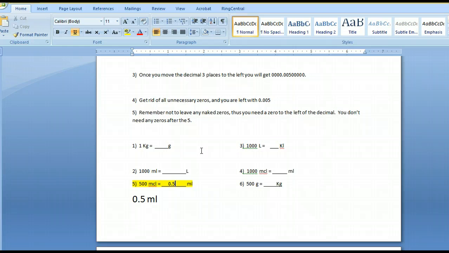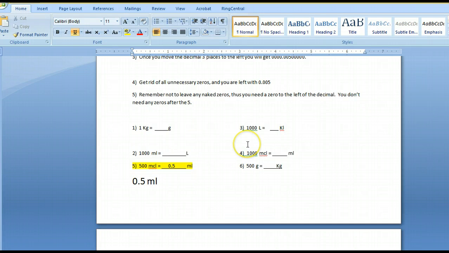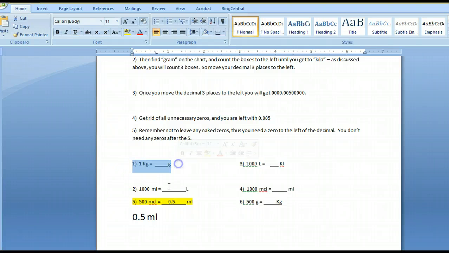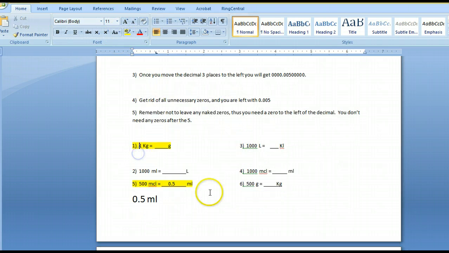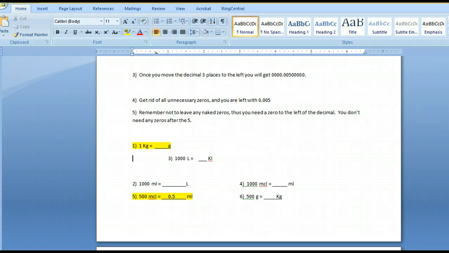It's going to have us go the other direction. Maybe we'll go ahead and do number 1 here so we can do that. 1 kilogram equals how many grams? So what we're going to do is rewrite 1. I'll make it bigger so you guys can see it.